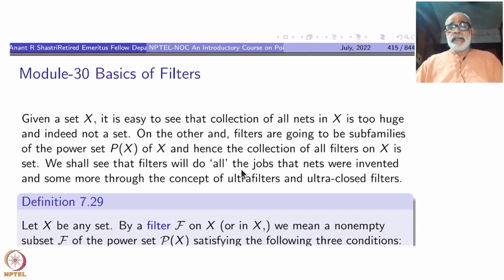We shall see that filters will do, quote unquote, all the jobs that nets were invented for, and some more through the concept of ultrafilters and ultraclose filters. These concepts or anything parallel to that is not available for nets.